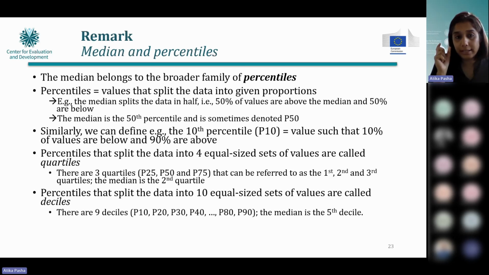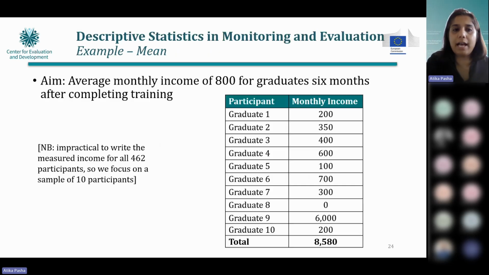These are called deciles. And if you were to go all the way to the highest number of divisions, that is 100, it would be called centiles. And this is the concept of percentiles, with the middle value always being the median. So P50, or the second quartile, or the 5th decile, is always defined as the median.